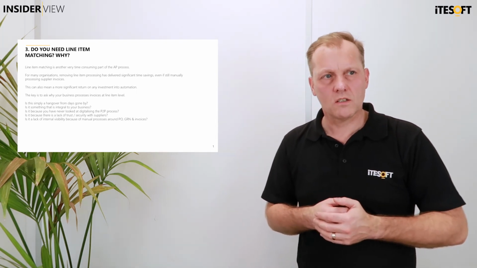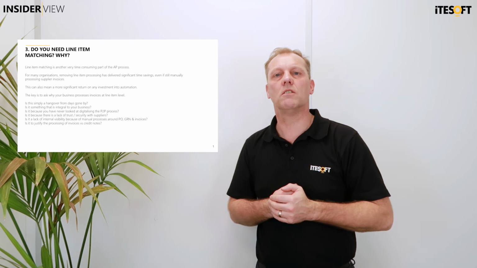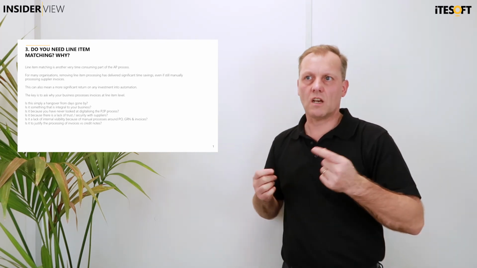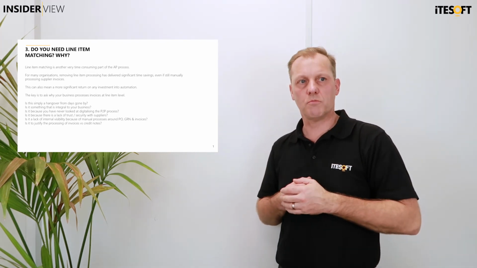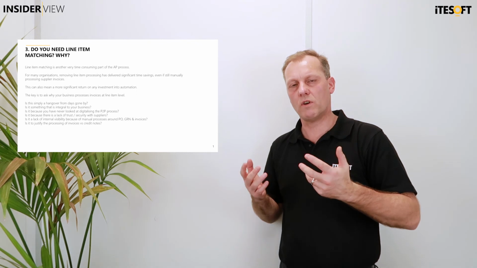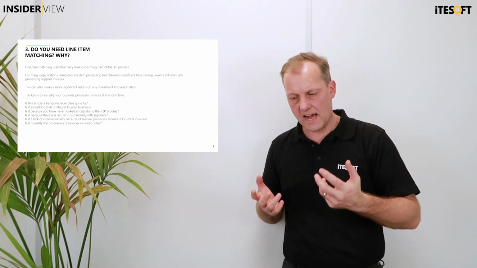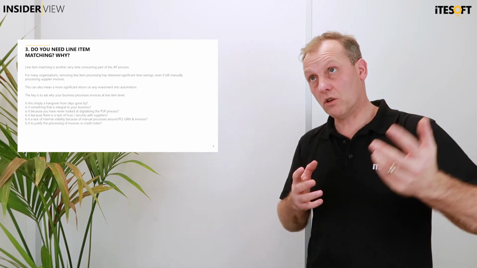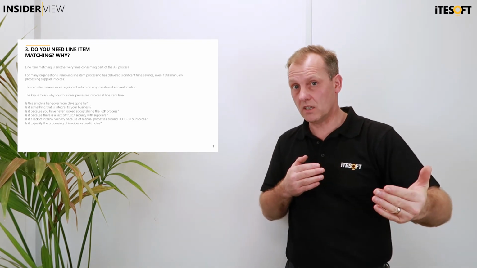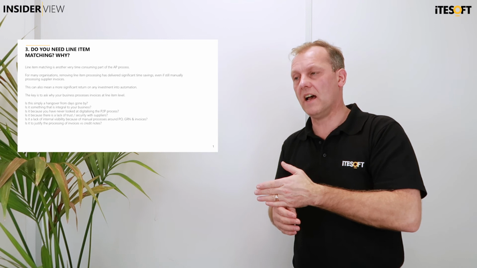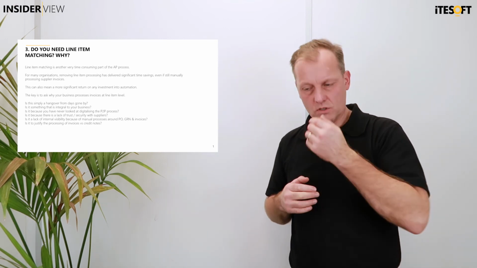Could it be something slightly left of field here, for instance? Is it a way of being able to justify the processing of your invoices and credit notes? Because a lot of organisations that have line items in place therefore also have a large number of credit notes in place.